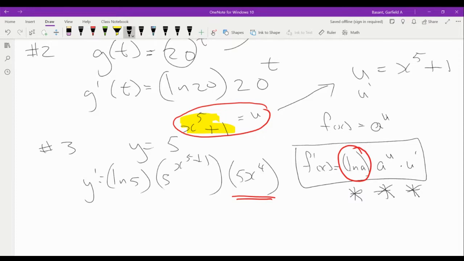Now what's the derivative of u for this problem? Five x to the fourth. I agree with you on this. All right, so that's our u prime. So let's look at the formula below.